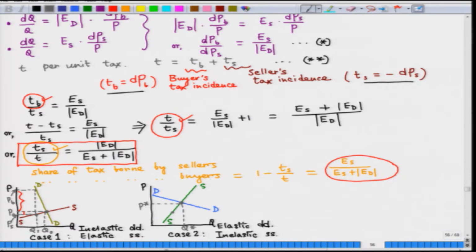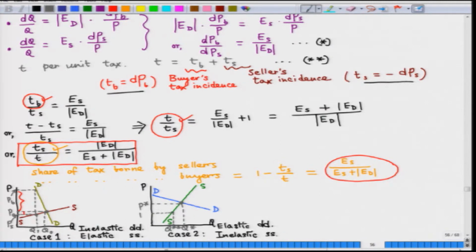In that case we find the new equilibrium which is given by Q double star output level, and this is the price that is obtained by the seller.